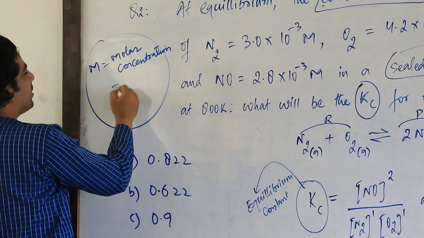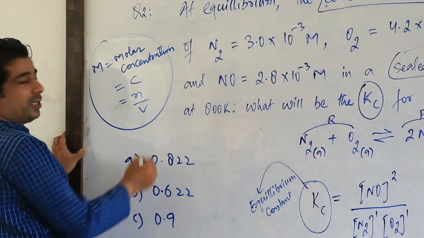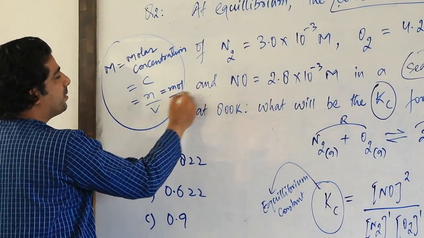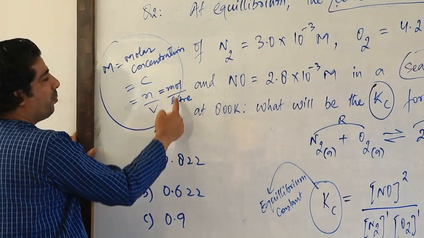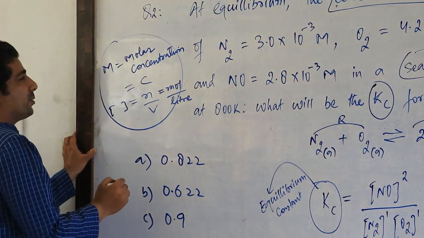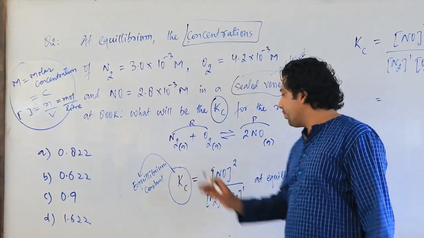It can be represented by C also, or by n by V, the number of moles per unit volume. So the unit of this is mole per liter, moles over volume. You can also mention it in terms of square brackets, and you can call this M molarity also. Does not matter.